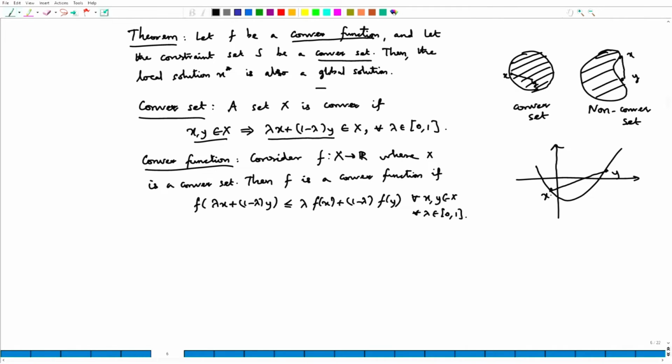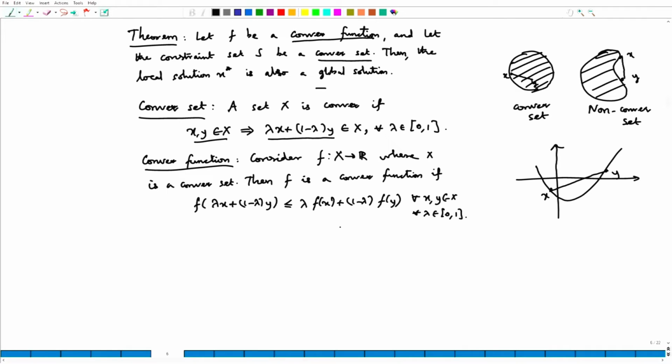If this line segment lies above the curve, then the function is a convex function, and this should happen for any x and y that you take. So, what I have drawn here is a convex function. You can take any 2 points and the line segment joining them would be lying above the curve.